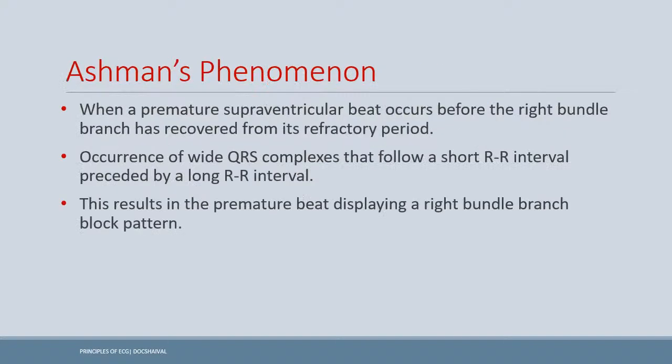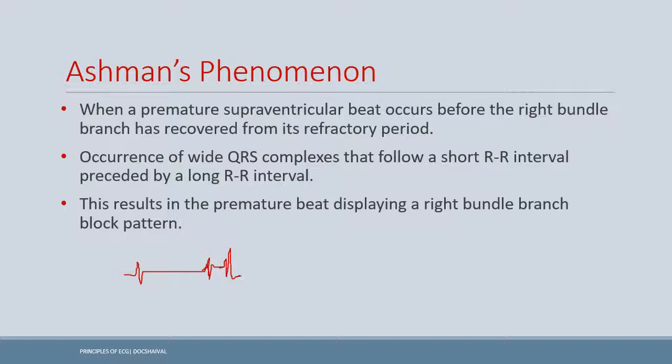Okay, so one of the important phenomena we have to discuss is Ashman's phenomenon. The idea behind Ashman's phenomenon is that in atrial fibrillation, the AV node doesn't allow all the impulses to pass through, and this in turn causes a long RR interval, and this long RR interval is followed by a short RR interval.